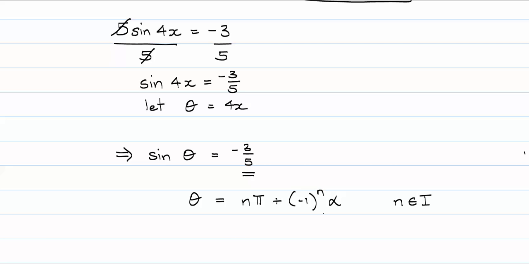To work out what alpha is, we just say, well, sine alpha is equal to negative 3/5, and then we take the inverse sine of both sides to work out what alpha is.